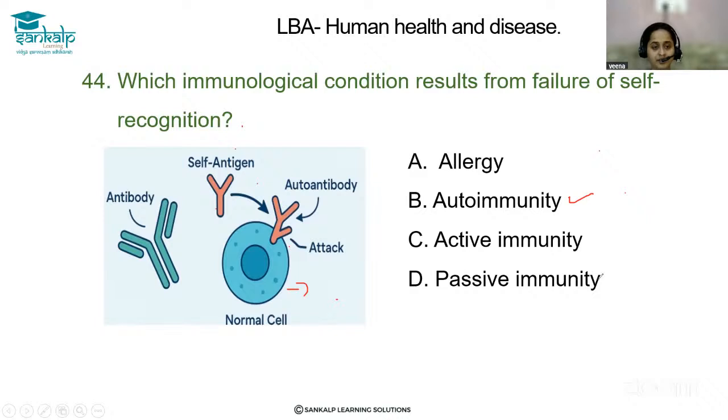Passive immunity is when, after the infection, a preformed antibody is given. Allergy is an exaggerated reaction of the skin or body, which you have also studied. So autoimmunity is a result of the failure of self recognition, that's why these kill their own cells. So the correct option is option B, autoimmunity.